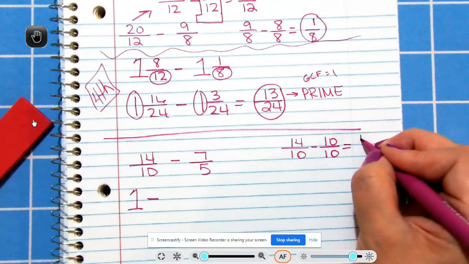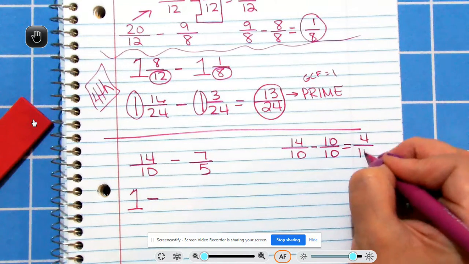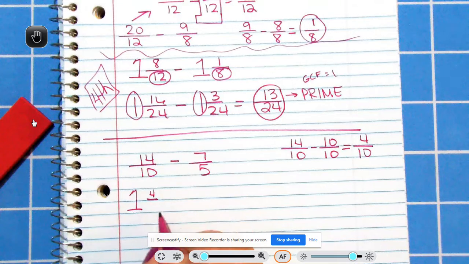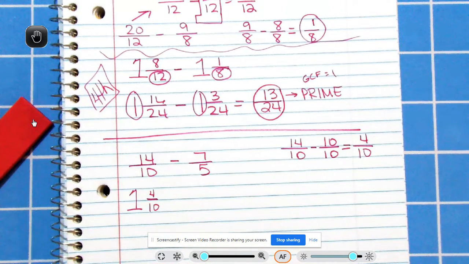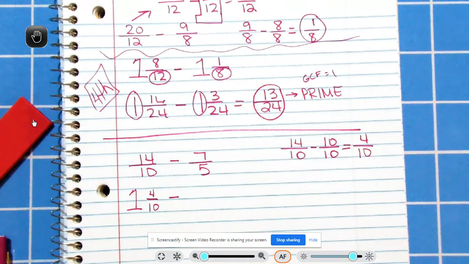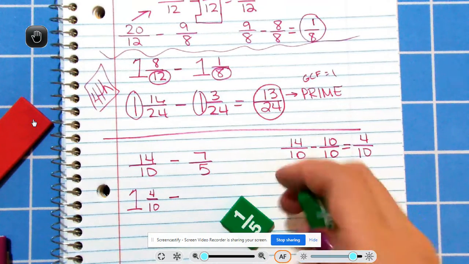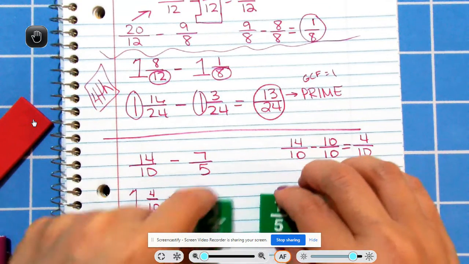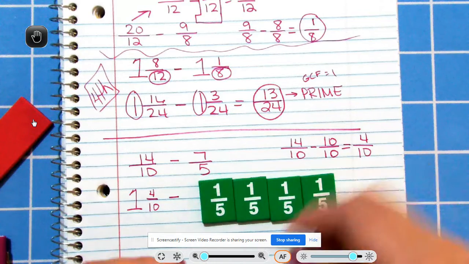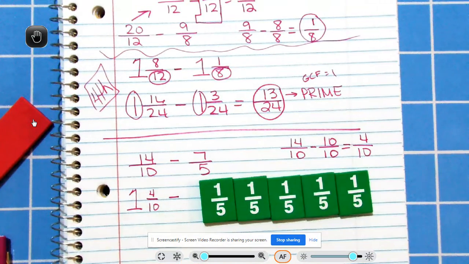14 subtract 10 is 4. Denominator stays the same. So it's 1 and 4/10. And we are subtracting. I actually have my 7/5 ready. One, two, three, 4, 5.